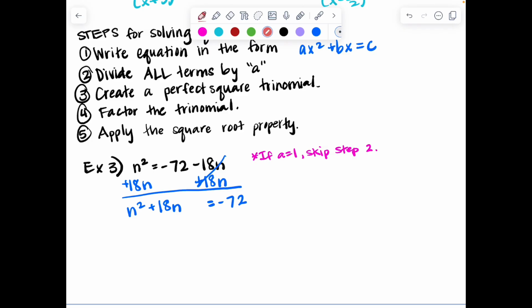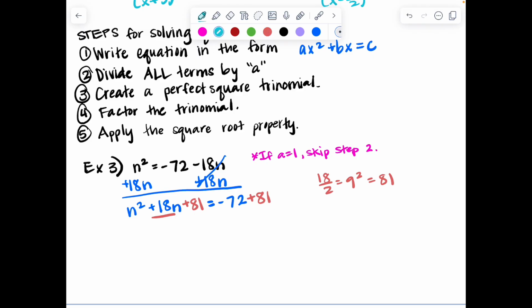So b is 18, so I'm going to take 18, divide it by 2, which is 9. 9 squared is 81. So I'm going to add 81, and whatever you do to the left side, you have to do to the right side. So we have to add it to both sides of the equal sign.